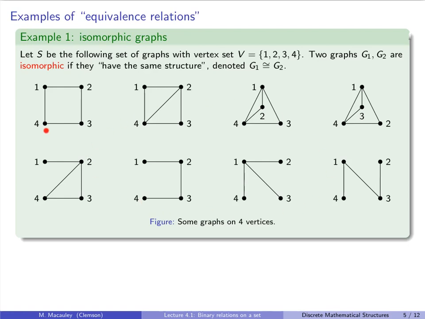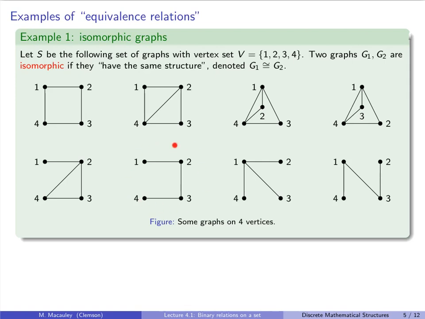So this first graph, which is just a 4 cycle, 1, 2, 3, 4, it should be clear that that is not equivalent to anything else on this list. Similarly, this graph, which has no cycles, but it has 3 edges coming out of a single vertex, is not like any other graph on this list.